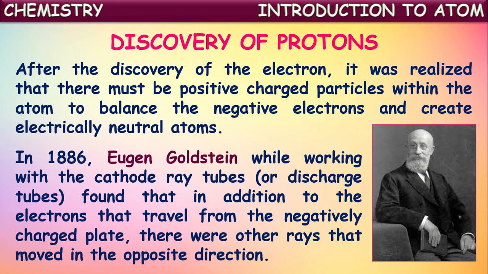With the same experiment, Goldstein found some other particles moving in the opposite direction to that of the cathode ray particles, that is, from the anode side to the cathode side. Later, they called these particles anode rays, which are also called canal rays.